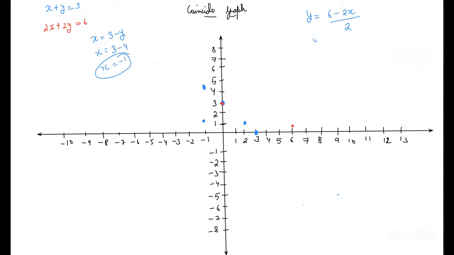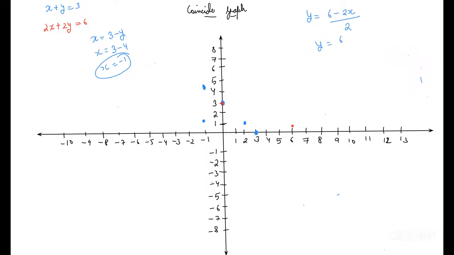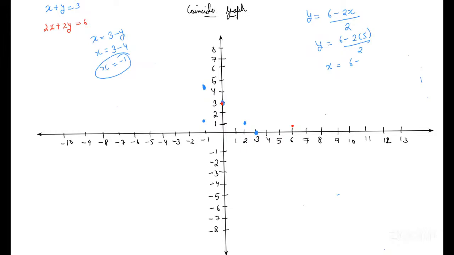So if you take x, what do you take x as? I took x as 5. So 6 minus 2 into 5 upon 2. x is equal to 6 minus 10 upon 2. x is equal to minus 4 by 2. x is equal to minus 2.